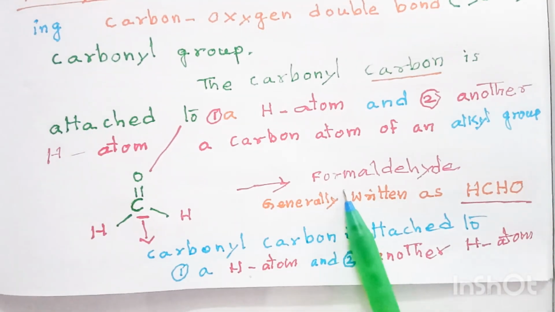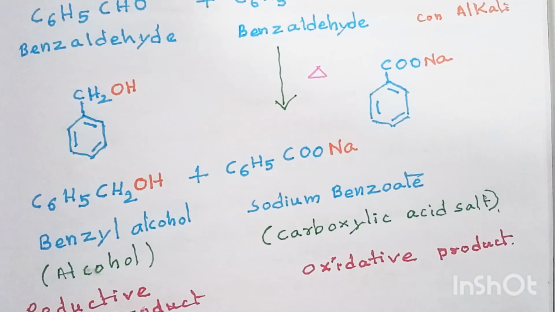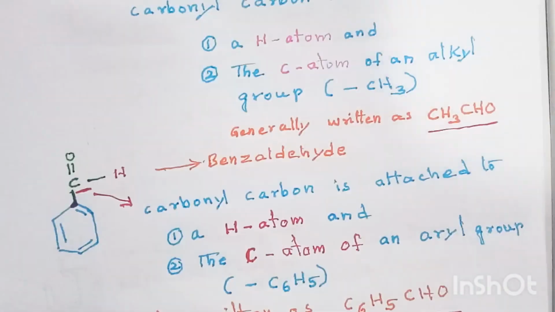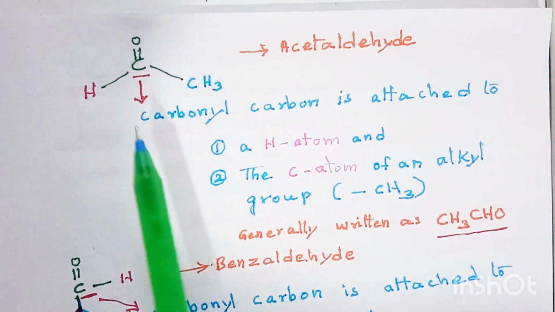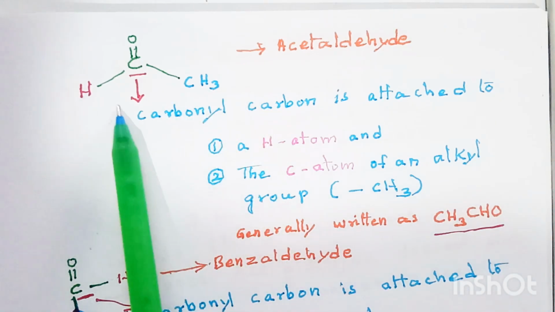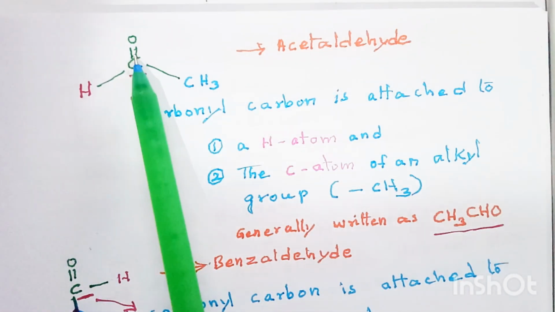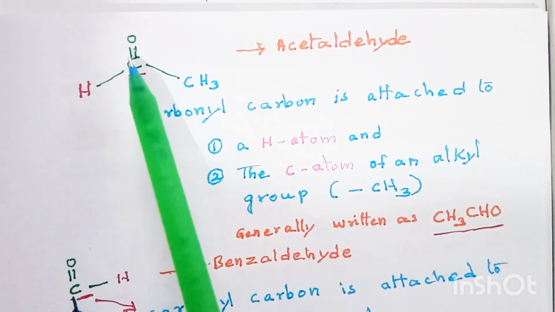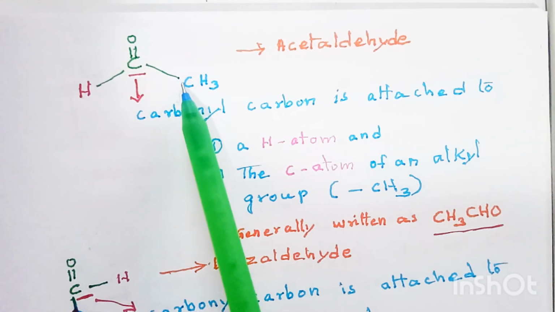Okay, now let us see another aldehyde. This is acetaldehyde, CH3CHO. Here the carbonyl C double bond O is attached to a hydrogen atom, and it is attached to a carbon atom of CH3 group.